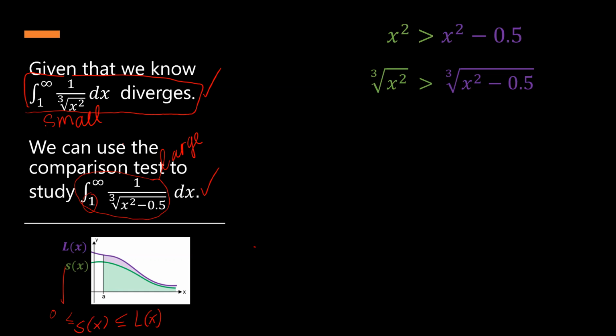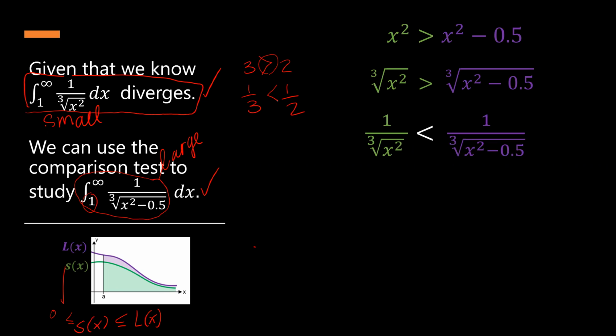And what happens when you take the reciprocal? If you have, say, 3 is greater than 2, what's the relationship between 1/3 and 1/2? That gets switched, yeah? So the function in green is smaller than our function in purple, which is what we want to show, right?